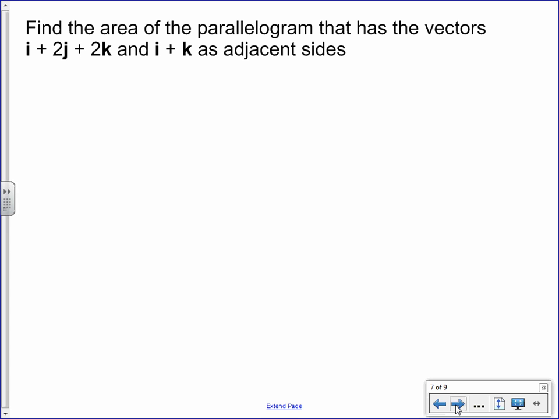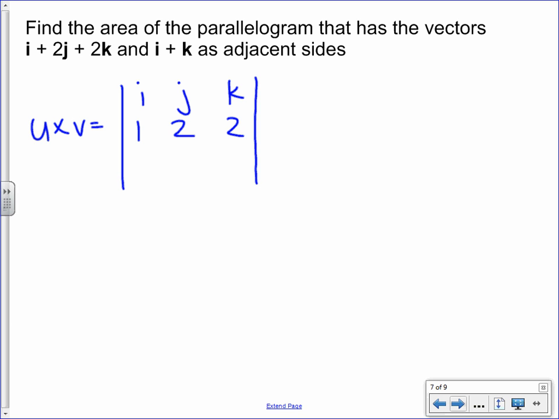Really doesn't matter which cross product because we're going to take the magnitude, and the magnitude of both cross products would be the same since they're the same but opposite. So if we take U cross V, we have I, J, K, 1, 2, 2, and you told me this vector was 1, 0, 1. You find me the cross product.